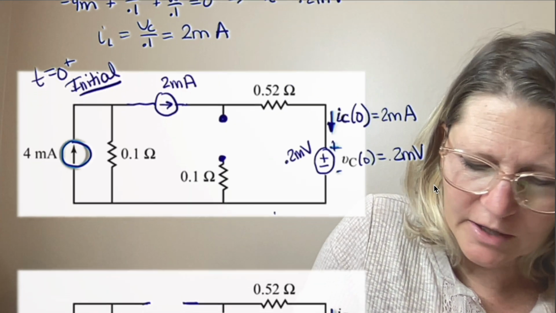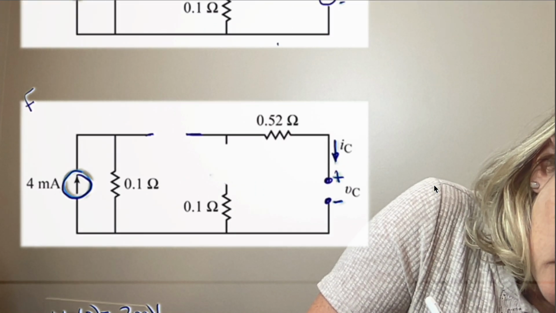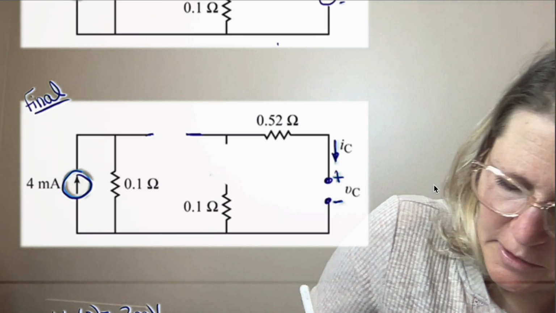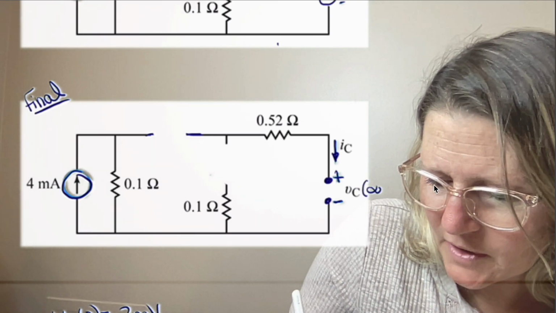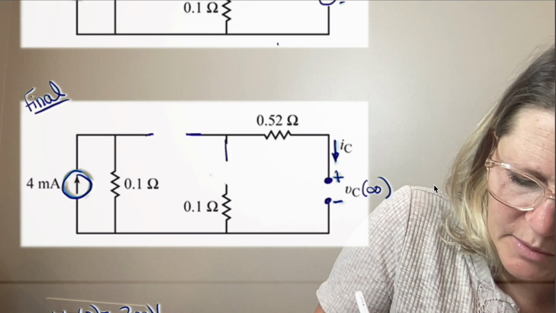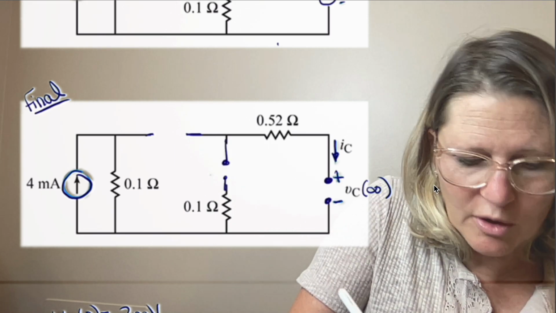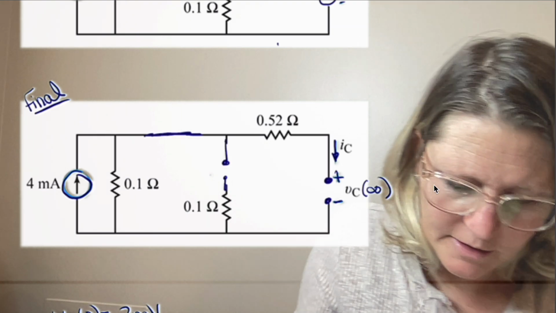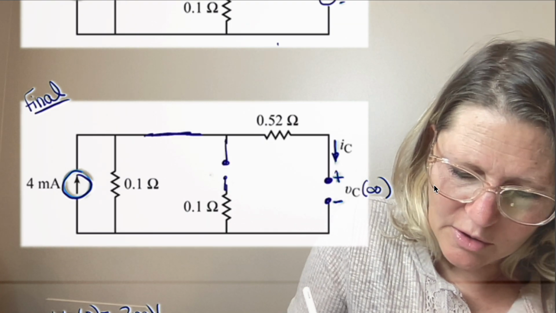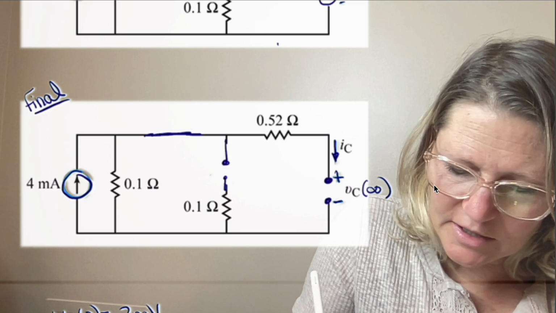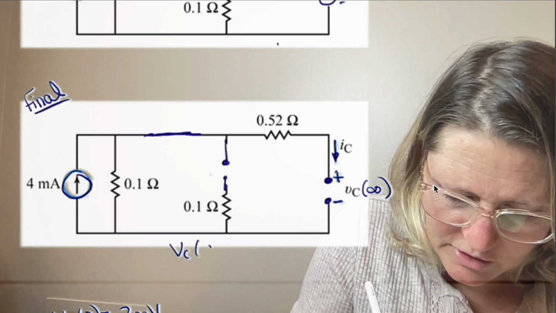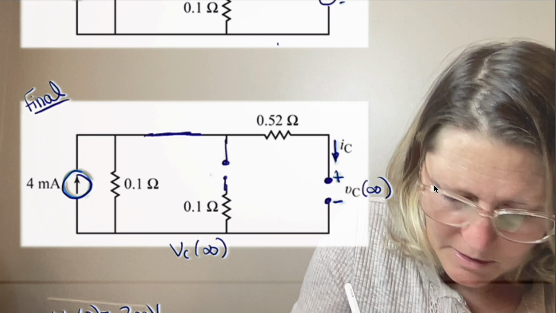So now I need the final value. And so the final value for the capacitor is going to be, it's going to be open here. It's going to have sat for a long time, so capacitor is open and inductor becomes a wire. And so VC of infinity is going to just be the voltage across the resistor, 0.4 millivolts.